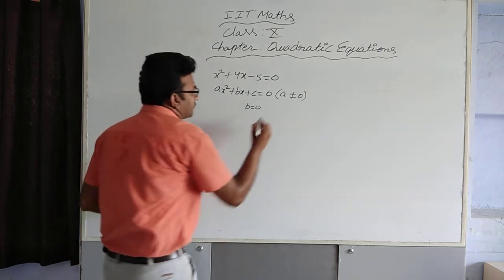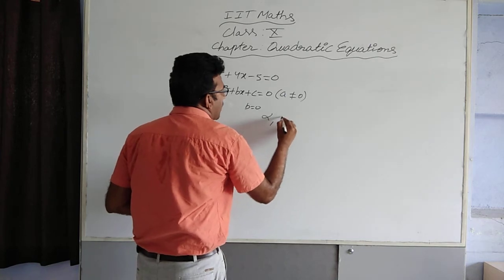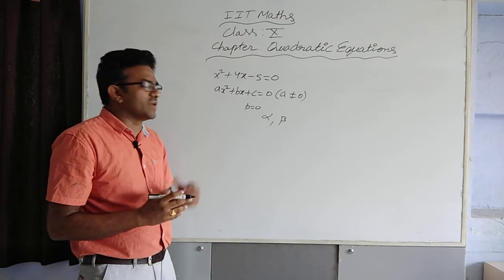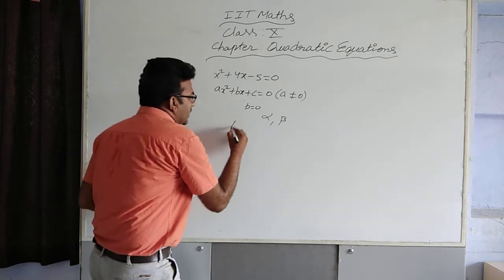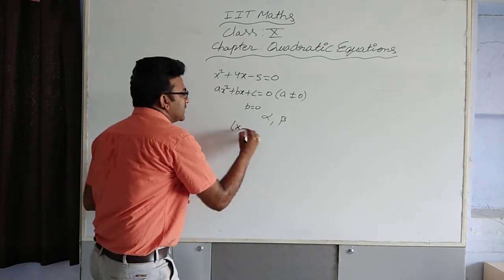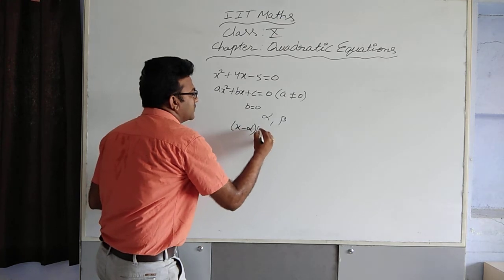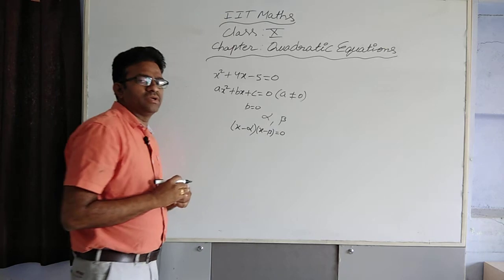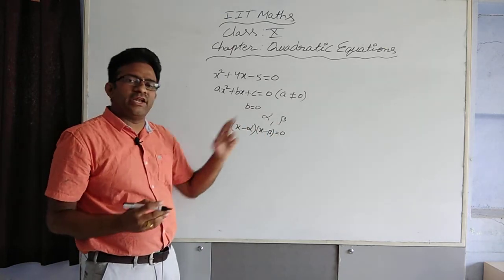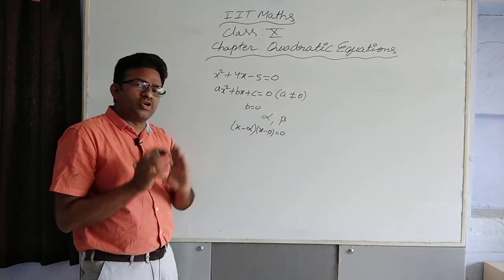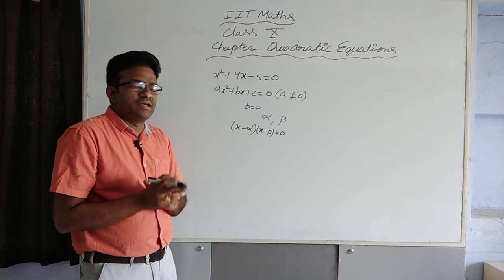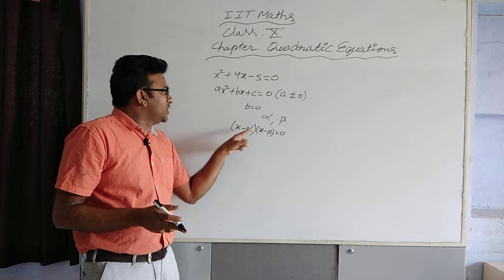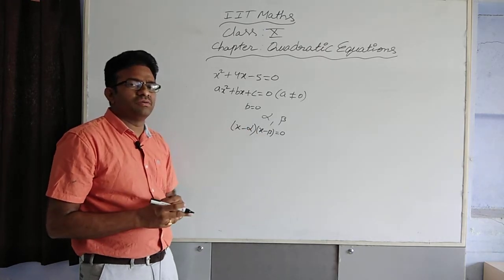For example, if alpha and beta are any 2 roots or solutions of the quadratic equation, then we can consider it as x minus alpha into x minus beta is equal to 0.